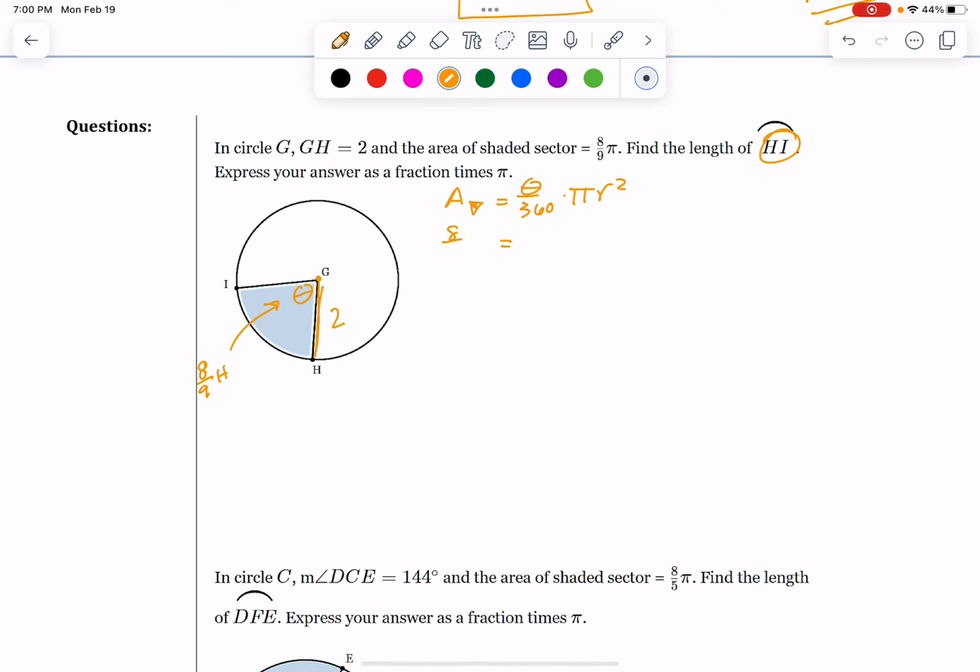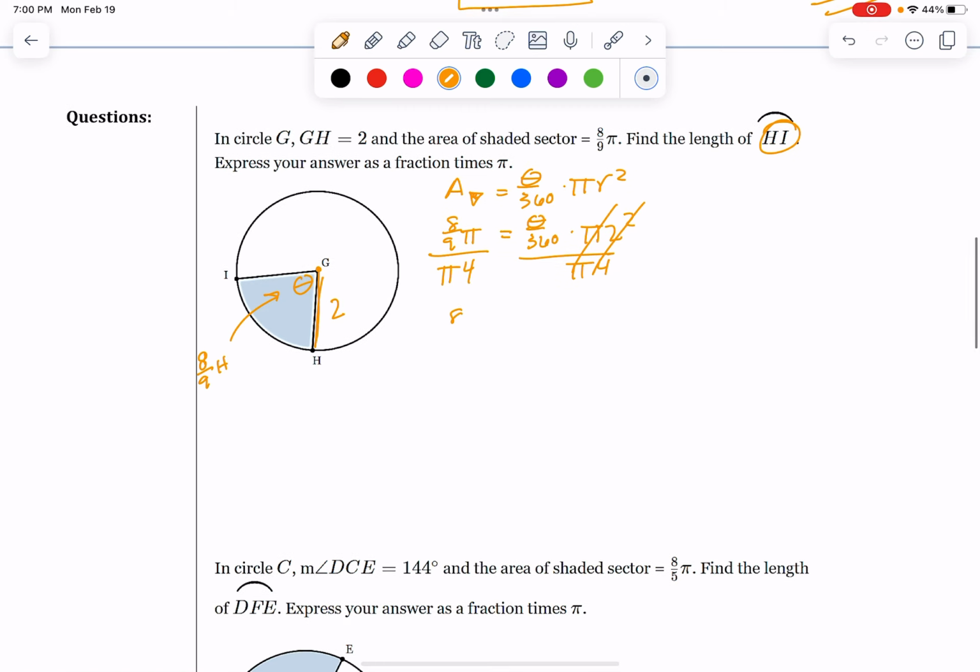My area is 8 over 9 pi equals theta over 360 times pi 2 squared. Divide by pi 4, because 2 squared is 4. I get 8 over 9 pi over pi 4 equals theta over 360. Multiply both sides by 360 so that we can get that out of the denominator. And that leaves me that theta is 80 degrees.